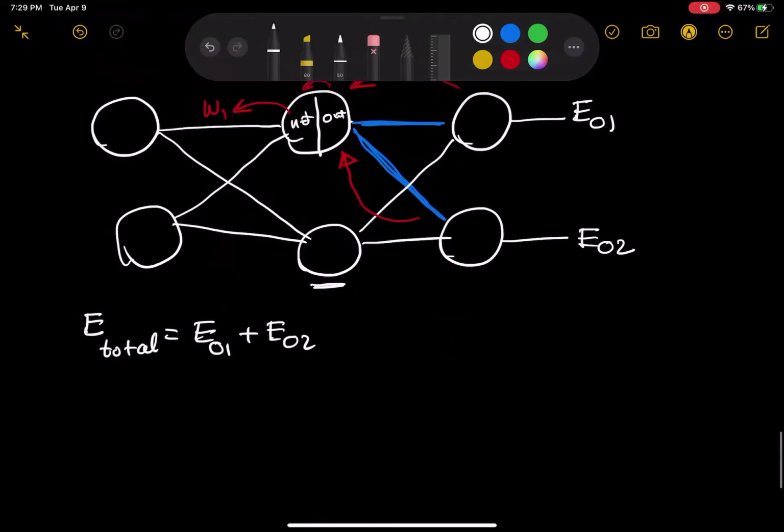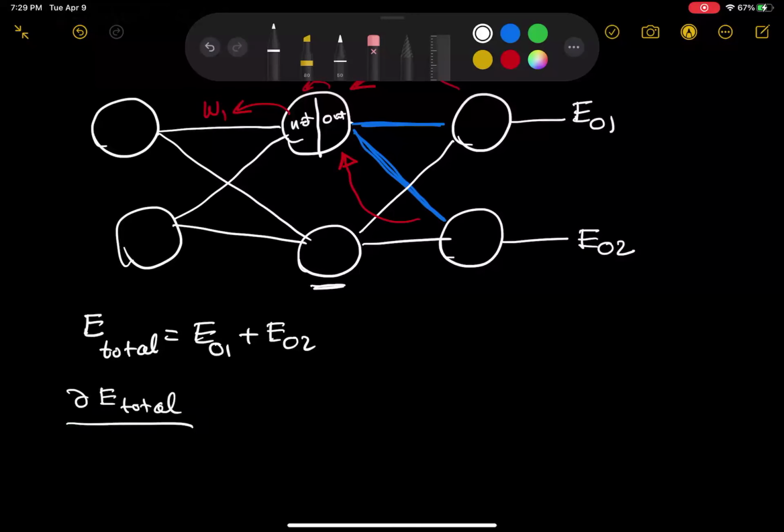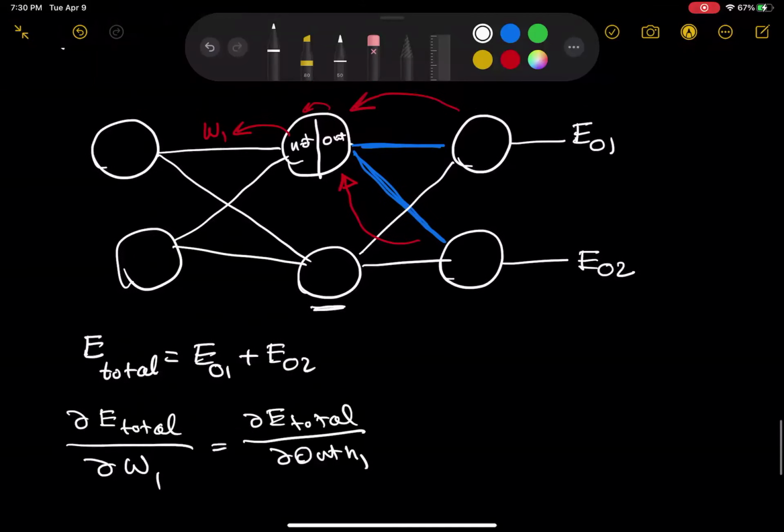What I'm trying to find is the derivative of E total with respect to W1. Basically, I would like to see how much I need to change W1, and I need to use the result of this derivative in my gradient descent. Based on this diagram, this is equal to the derivative of E total with respect to out H1, which is this guy.